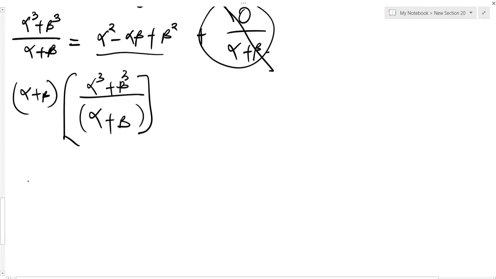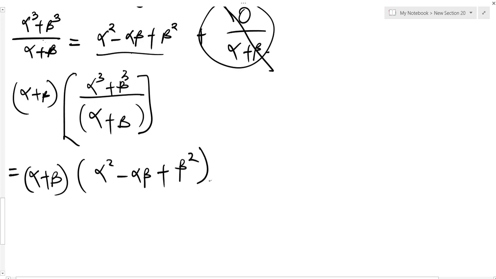So this will now be the same thing as saying, since the whole of this is this and is equal to this, we'll now have alpha plus beta times alpha square minus alpha beta plus beta square.